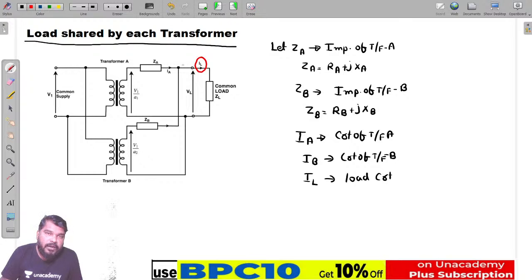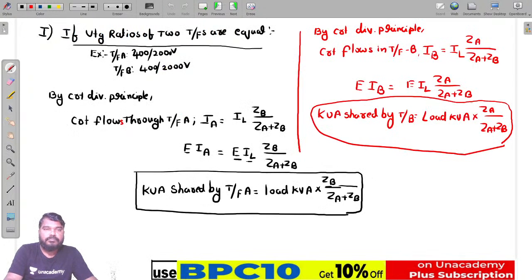We know the load current, so we find the current flowing in transformer A and in transformer B in terms of the load current. This is case 1.